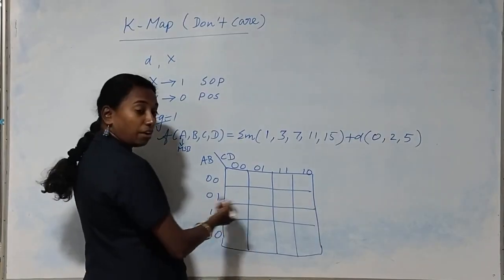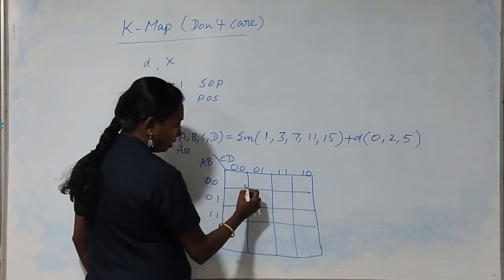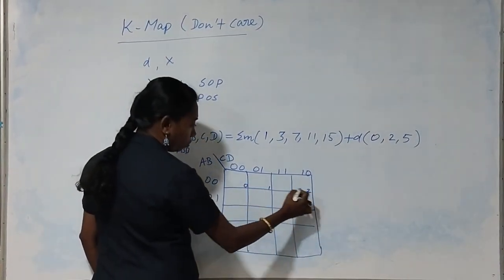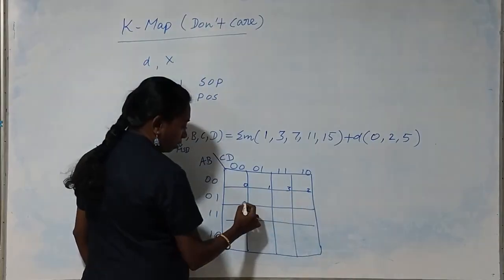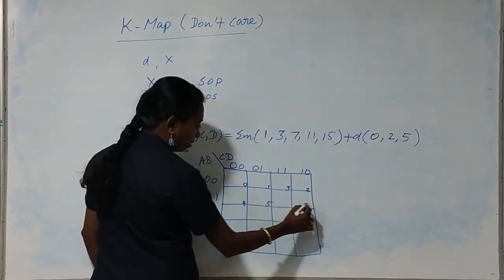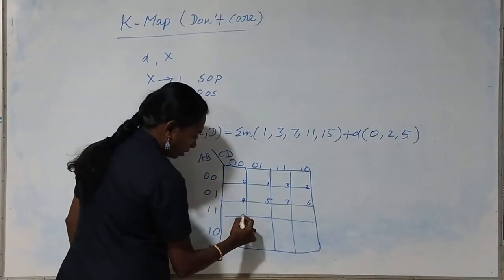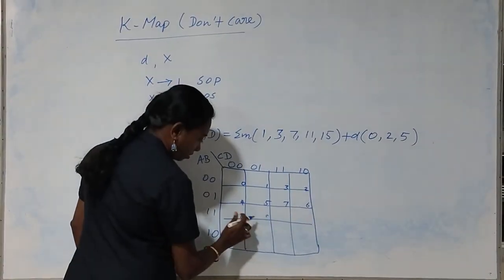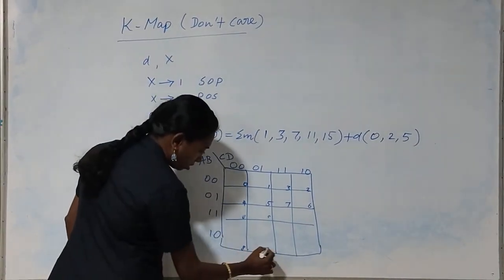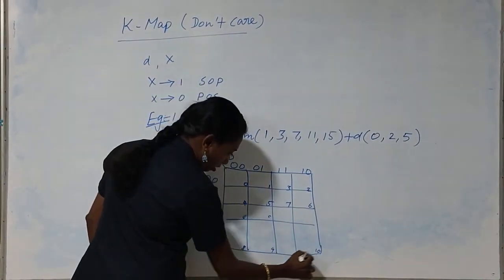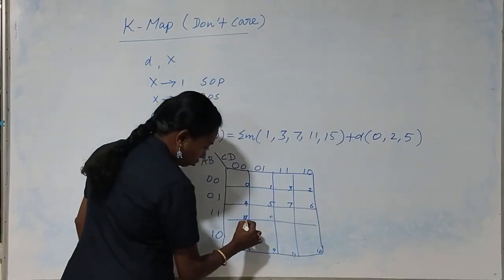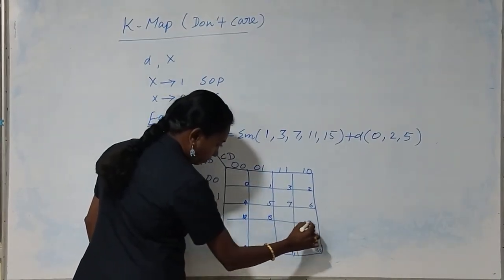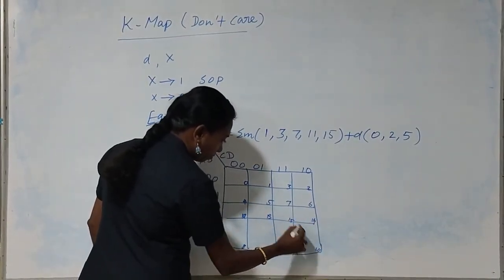Now you have to represent the min terms. The min terms are 0, 1, 2 and 3, 4, 5, 6 and 7, 8, I'm sorry, here it is 8, 9, 10 and 11, 12, 13, 14 and 15.